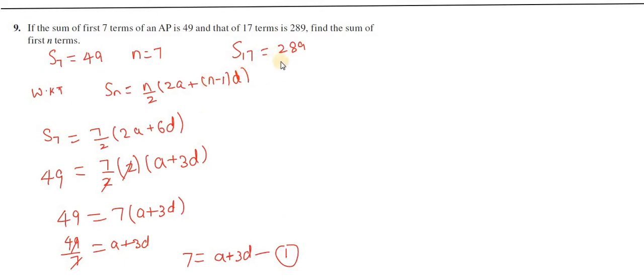Okay, similarly here also you can find S17. So S17 is equal to 17 by 2 into 2a plus n minus 1, n is nothing but 17. I'll write directly as 16d, because n minus 1 into d, that is 17 minus 1.